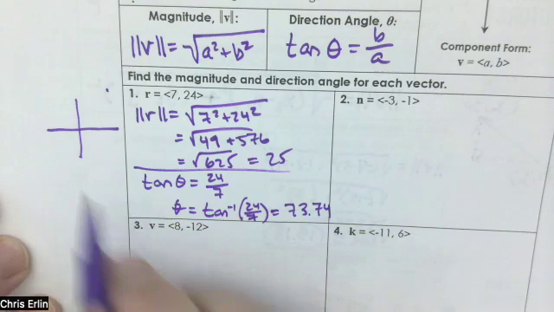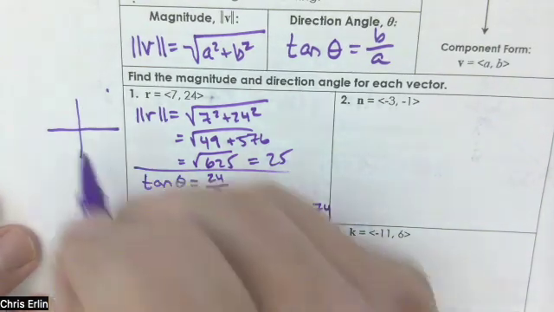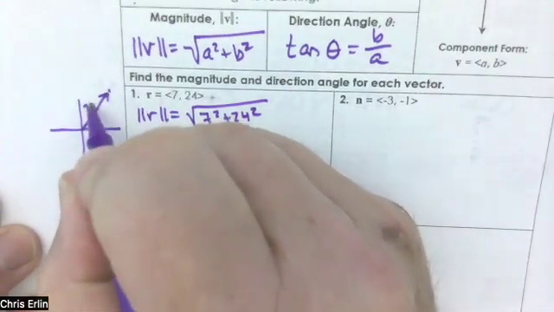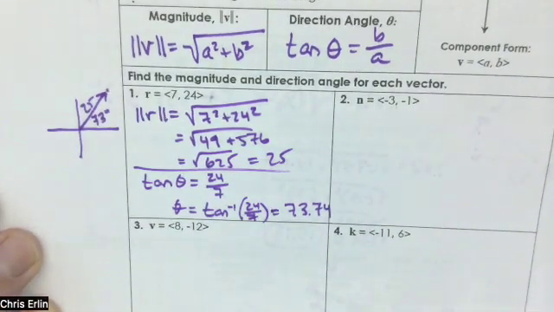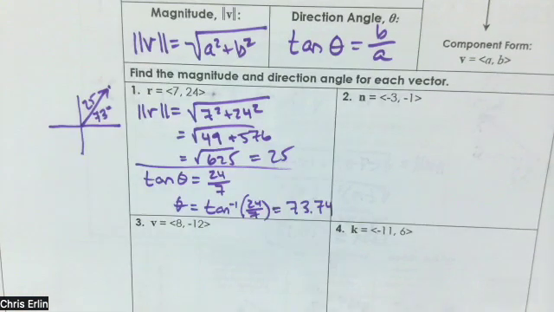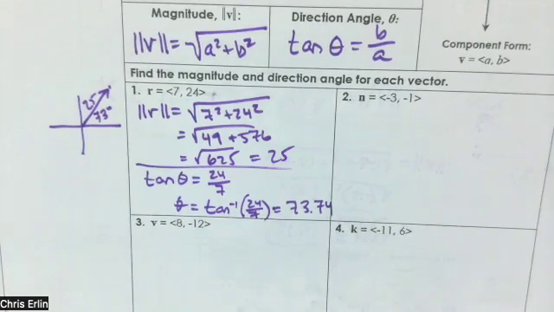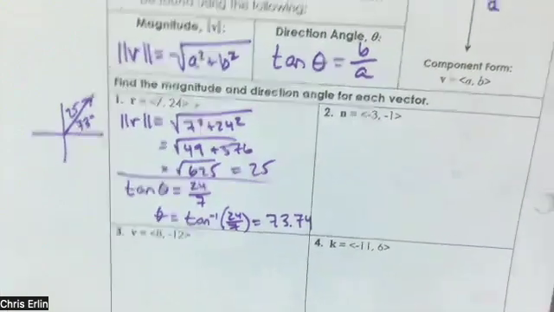And so, yeah, 73 degrees, 25 distance, that sounds reasonable to me. This is what I'm looking at. Something kind of like that. Make sense? Questions? Okay, so you'll have 3 opportunities to practice that skill.